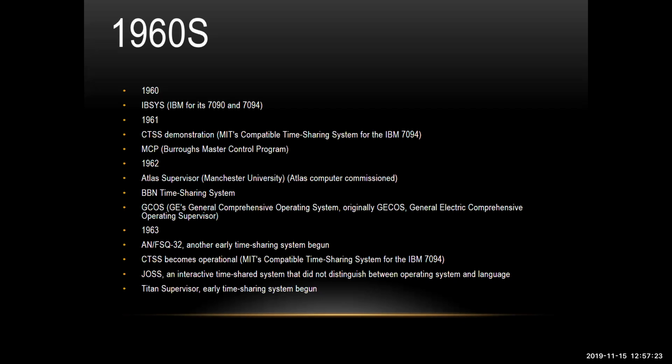And then Titan Supervisor was the prototype of the Atlas II computer developed by Ferranti and the University of Cambridge Mathematical Laboratory in Cambridge, England. It was designed starting in 1963 and in operation from 1964 to 1973.